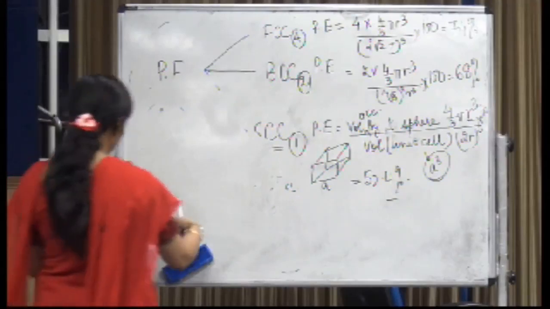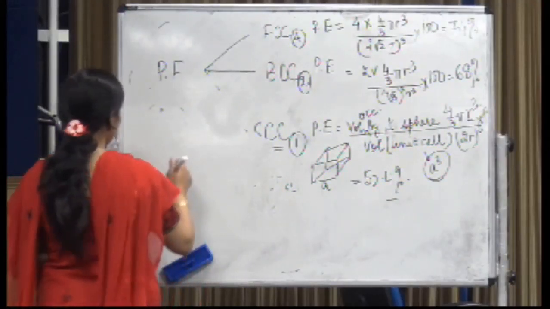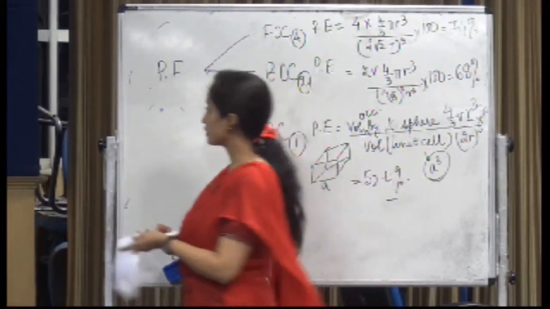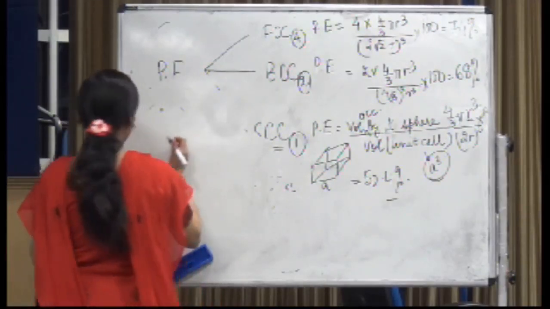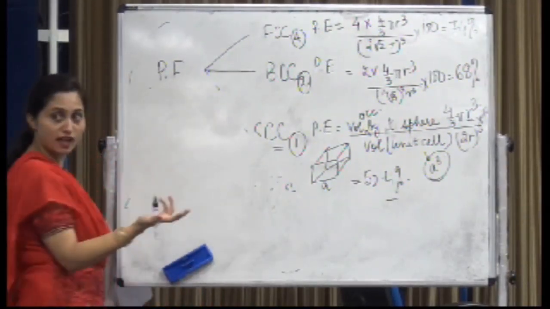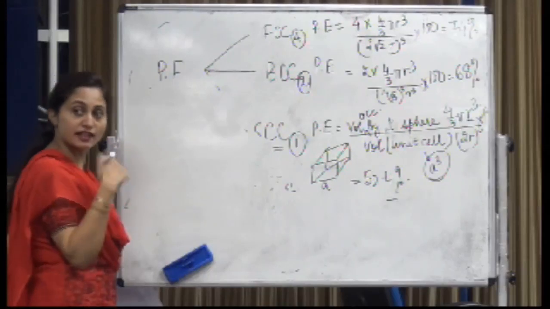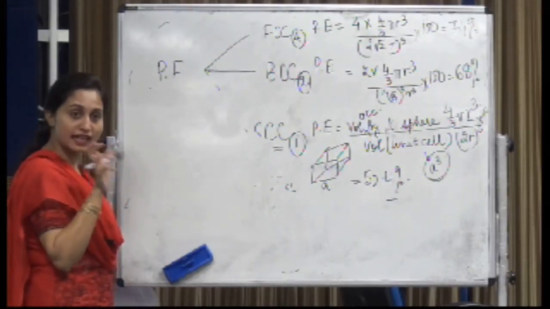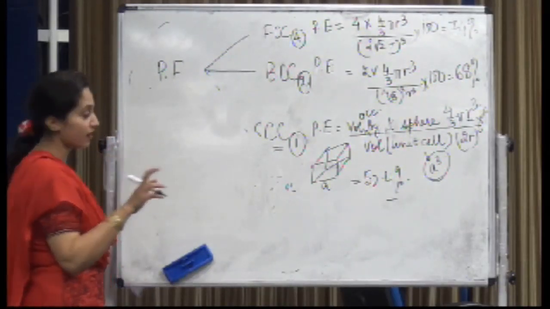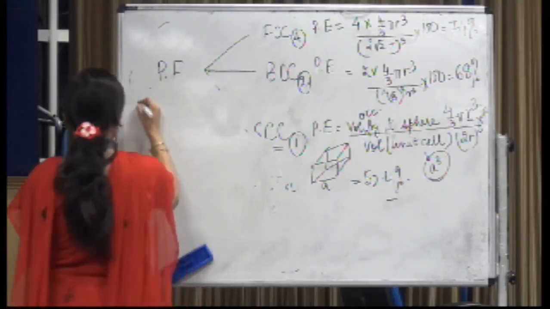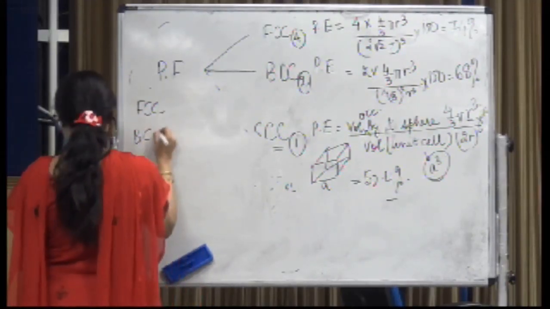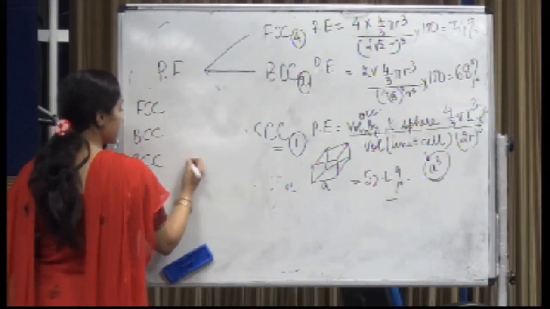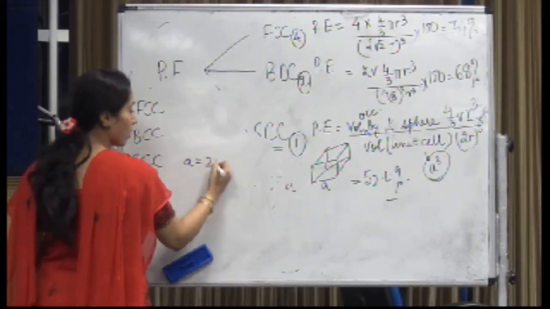Now after the packing efficiency, please remember from the numericals point of view that we have now done the relationship between the edge length and r. R is the radius of the atom and A is the edge length of the unit cell. So please remember this relationship also for FCC, BCC and SCC. For SCC, A is equal to 2r.